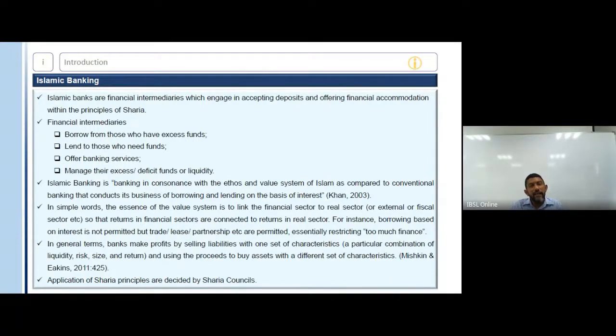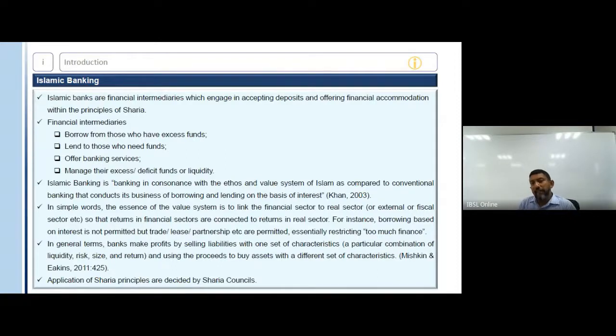Whereas that is possible only because you use loan transactions. But if you say there can't be any loan transaction, all these transactions have to be linked to the real sector activity, then always, for whatever financial transaction, there should be some underlying real sector activities.